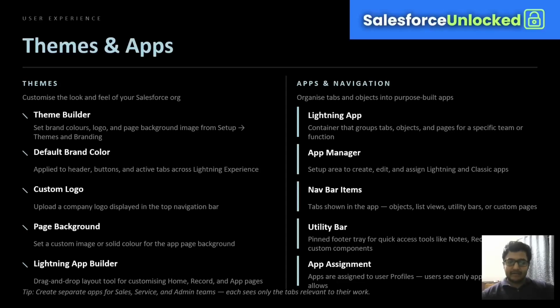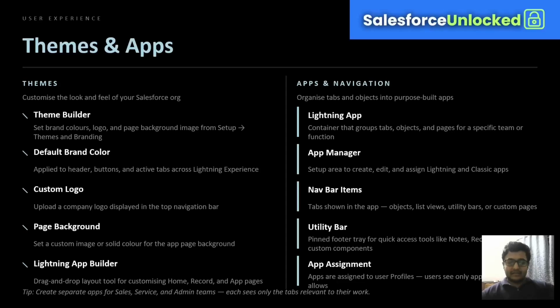Then comes the utility bar. The utility bar is a pinned tray at the bottom of the screen, which gives users quick access to tools like notes, recent items, macros, or any custom components without leaving the page they are on. And finally, the app assignment controls who sees which app.